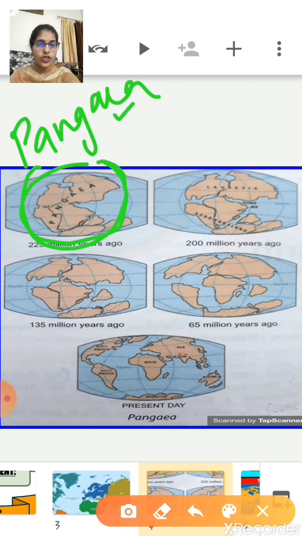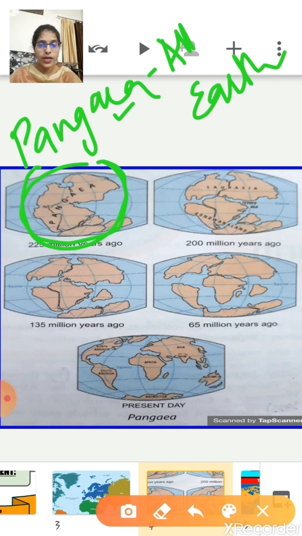Now this word Pangaea is a Greek word which means all earth, right? Pangaea means all earth. Now this Pangaea supercontinent broke into a number of land masses. First it broke into two large land masses.